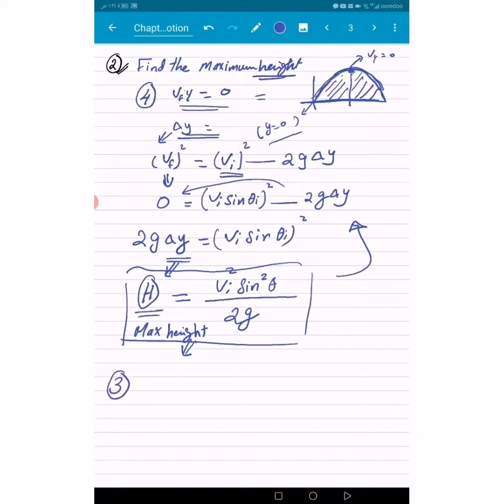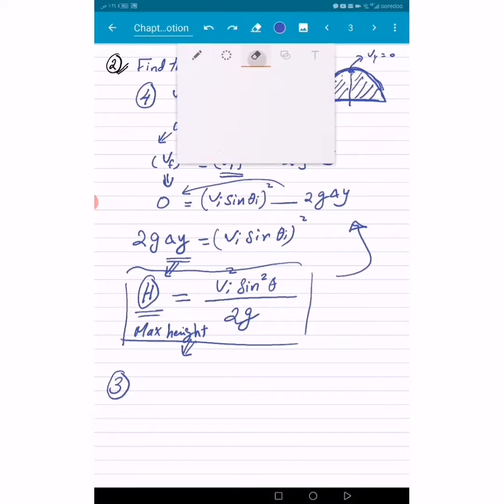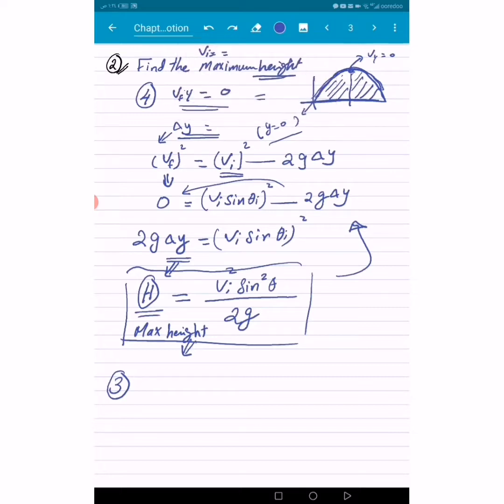Number 3. So we have the first important equation as I discussed with you. I write it in another color so that you know it.